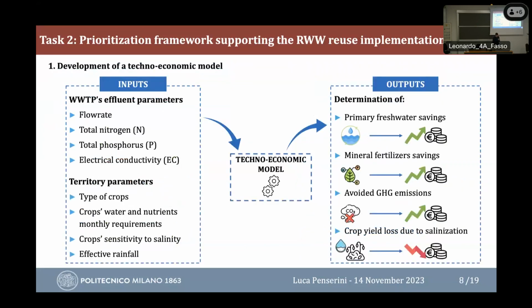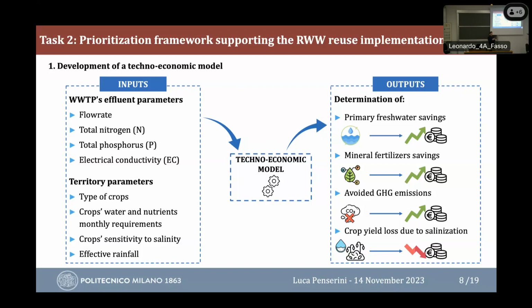So starting from the techno-economic model, as I said, for this model we're considering the wastewater treatment plant characteristics. The first 4 that you see are basically effluent characteristics. So we have the nutrients, nitrogen and phosphorus, we have the flow rate, and we have the electrical conductivity. Why the electrical conductivity?